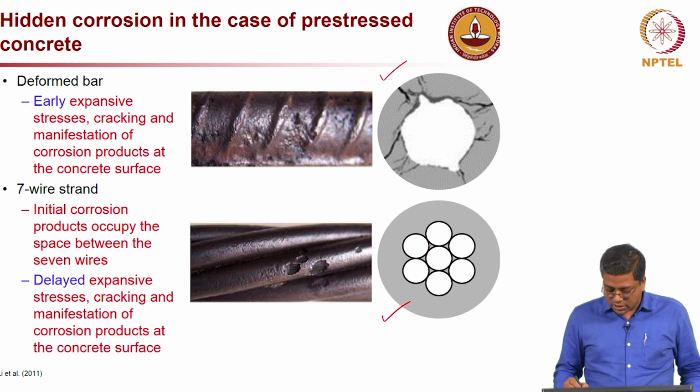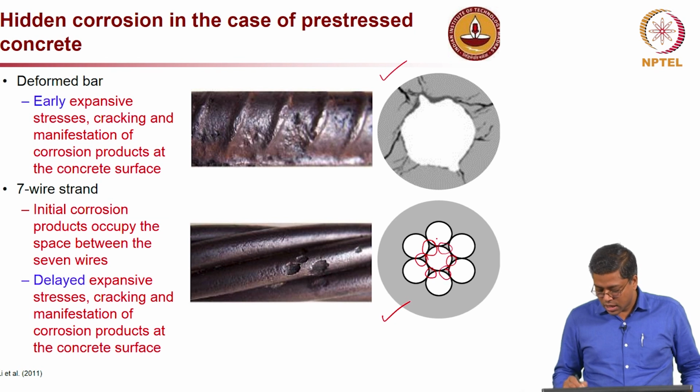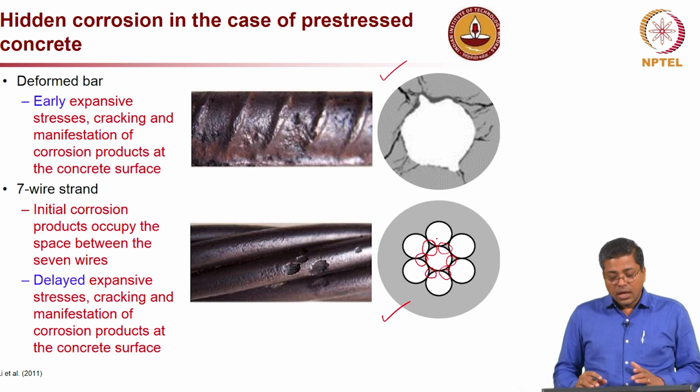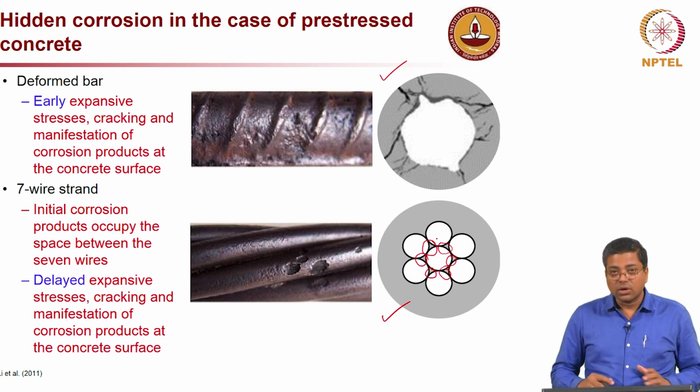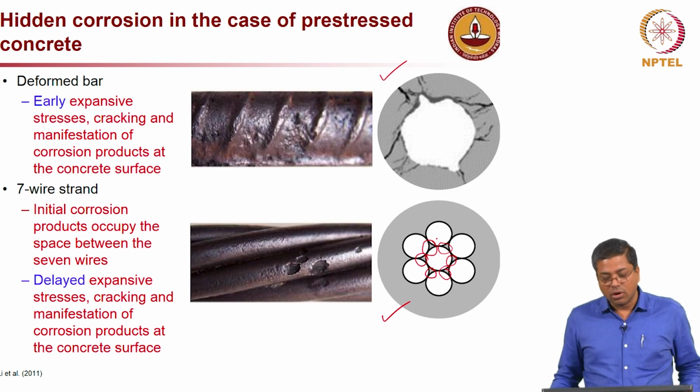In the case of a pre-stressing strand, the initial corrosion products will occupy the triangular spaces available between the 7 wires, and until that space is filled up with corrosion, there will not be significant expansive stress on the surrounding concrete, which is not the case for solid reinforcement.